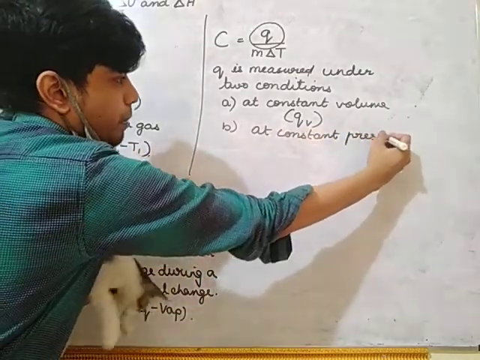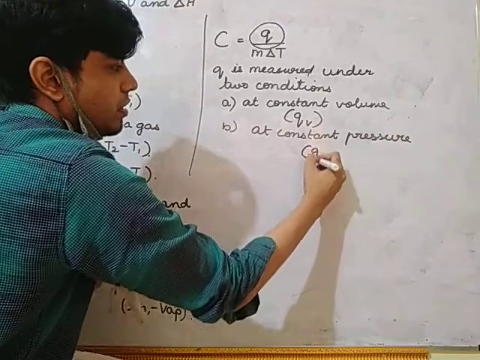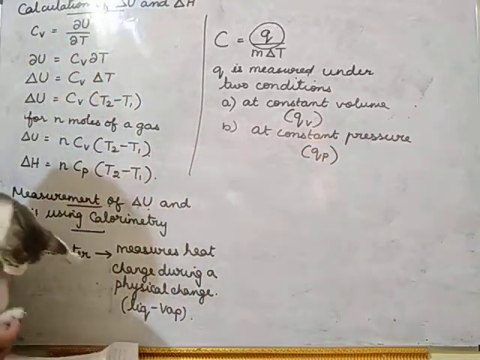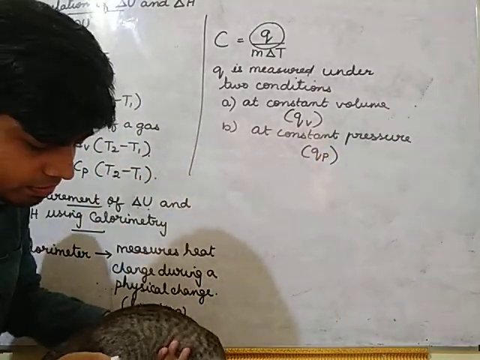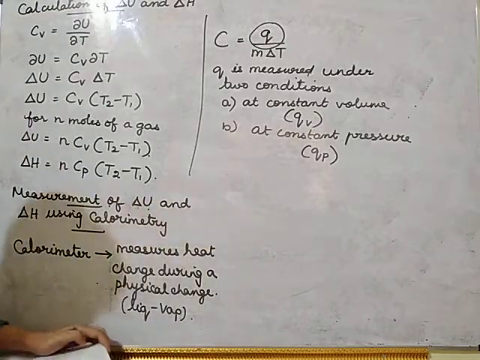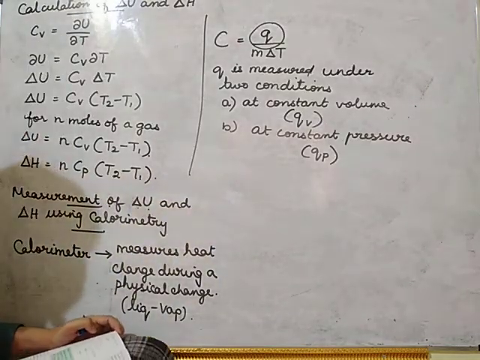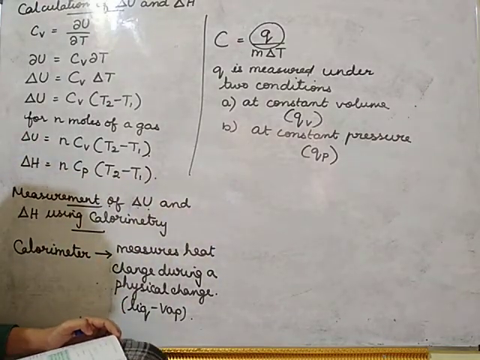At constant pressure, if you calculate this Q, it is called as QP. So it is measured at constant volume and constant pressure.